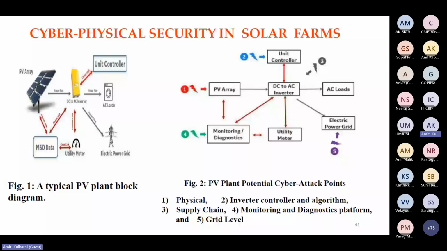It is diagnostic too, all done with the help of software. And then its interconnection with the grid. So all these five points are where a cyber attacker can attack.